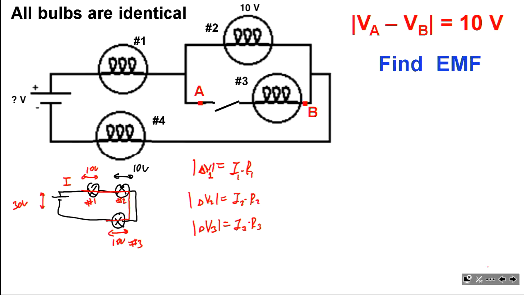And now we say, hey, I1 and I2 and I3 are the same. R1 and R2 and R3 are the same. Hence, they all have to have the same voltage.